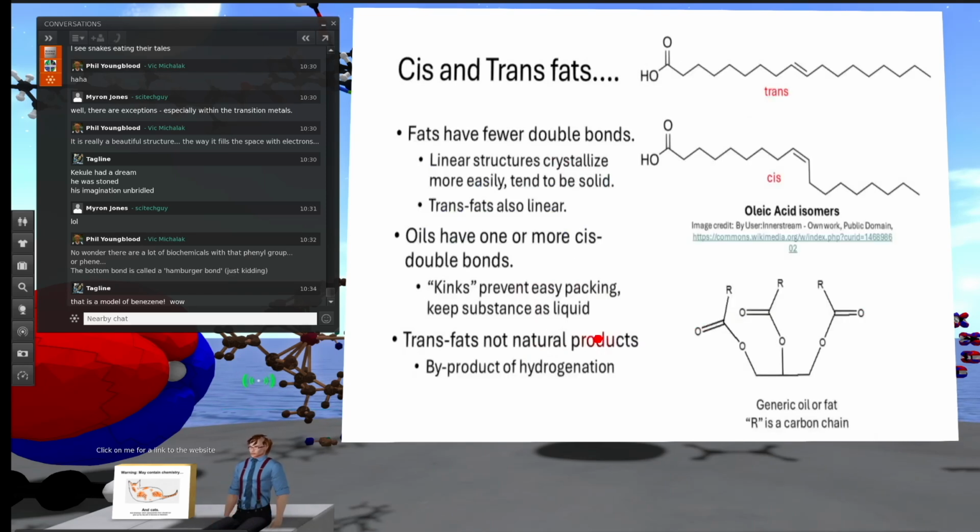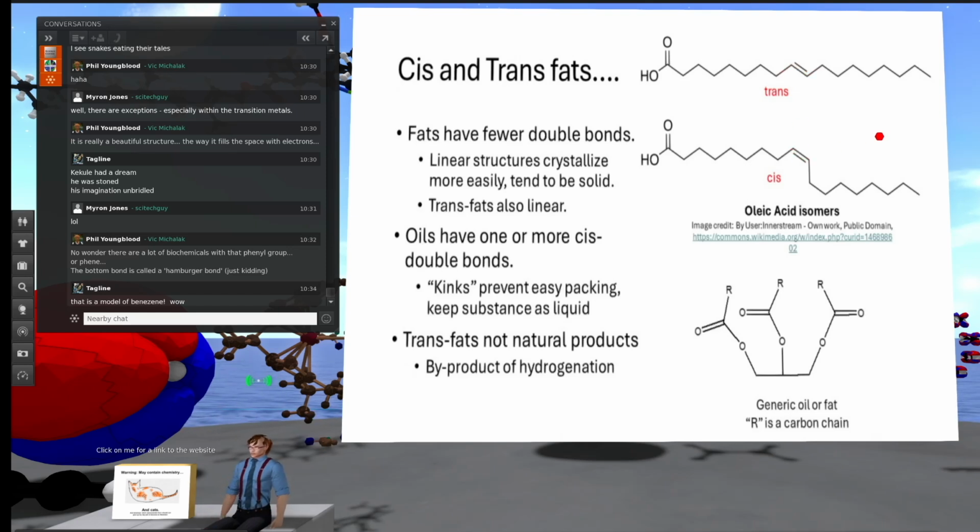And this is very pertinent to people's health. You can have cis and trans fats. What I've got here is a part of a fat. It's not the whole fat. This is called a fatty acid. This is the trans version of it. This is the cis version of it.